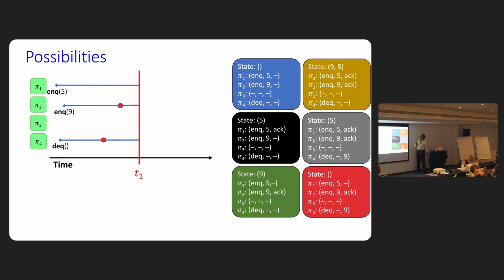Yeah. So Ula's question is, this is a possibility that corresponds to NQ9 linearizing before NQ5. And there is another possibility where NQ5 linearized before NQ9, and I didn't have that possibility on the screen, but if I had it, it would have the same stuff for these 4 rows, and here it would be 5, 9, right?